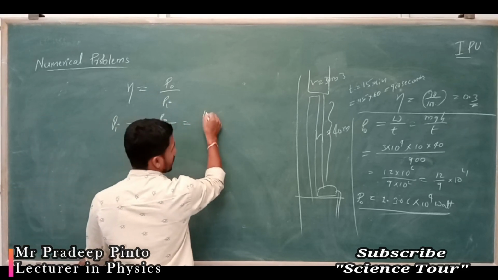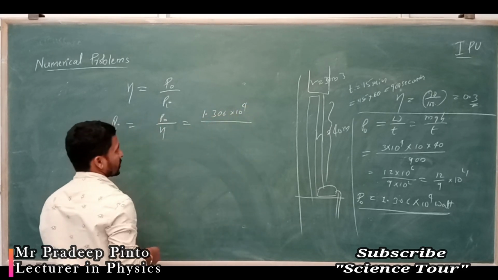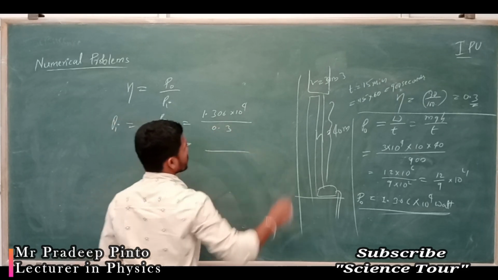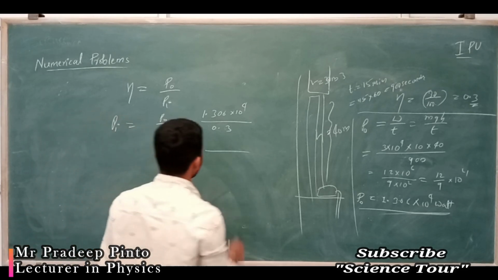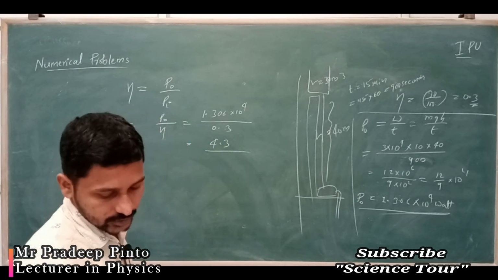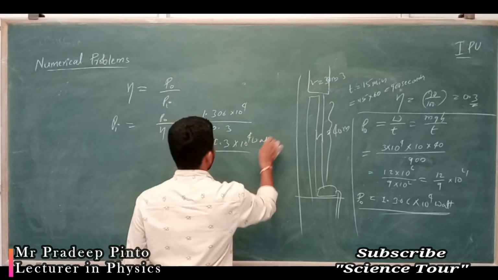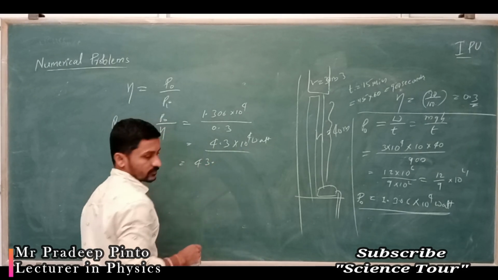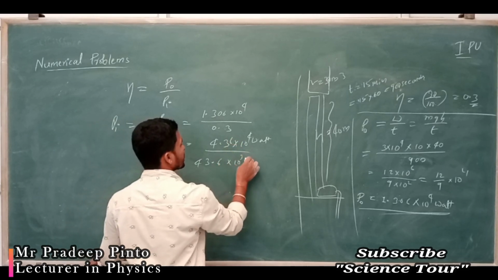P output is nothing but 1.306 into 10 to the power 4 divided by eta. Eta is how much? That is 30 out of 100, that is nothing but 0.3. So how much you are going to get? So divided by 0.3 means you are going to get 4.36 into 10 to the power 4 watt, or else multiply by 10, so that you are going to get 43.6, that is 4.36 into 10 to the power 3 watt.